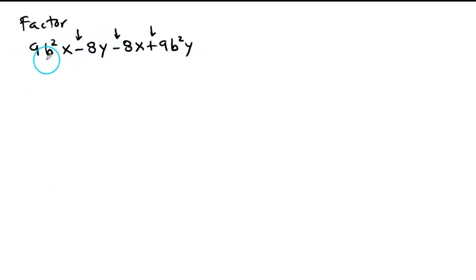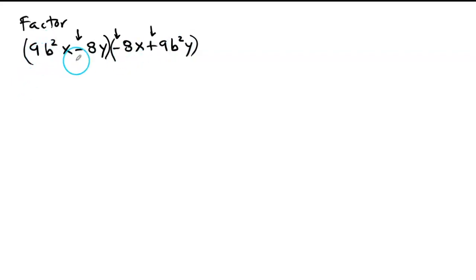But if I do that, is there anything in common between these two? No, not really. So for that effect, hold on. I see that here I have an 8 and an 8. That's something in common. The last one has a 9b squared and the first one has a 9b squared.